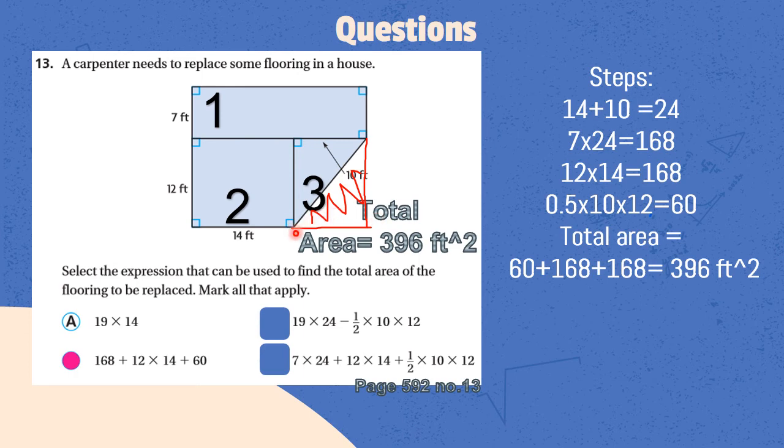So here we will have 10 as well and 12 as well, which means that I can subtract this white triangle. Here, I'll highlight it for you. So it's as if I have this whole rectangle like this.